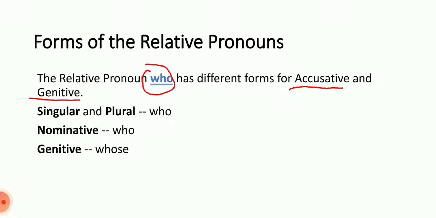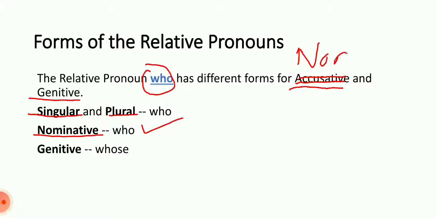A single word can be used for singular and plural both, and the nominative for this is who as well. Here please make it correct, not accusative. Sorry, here it is nominative.